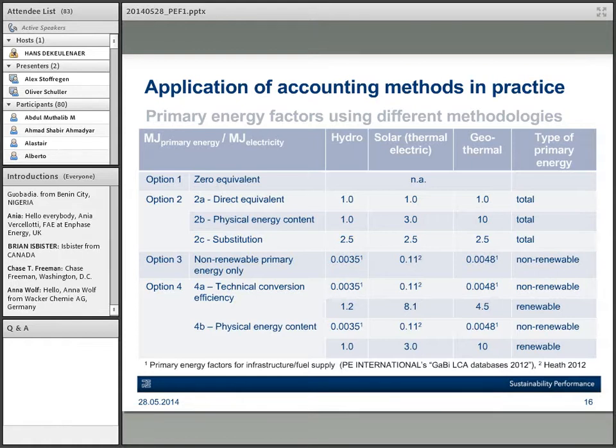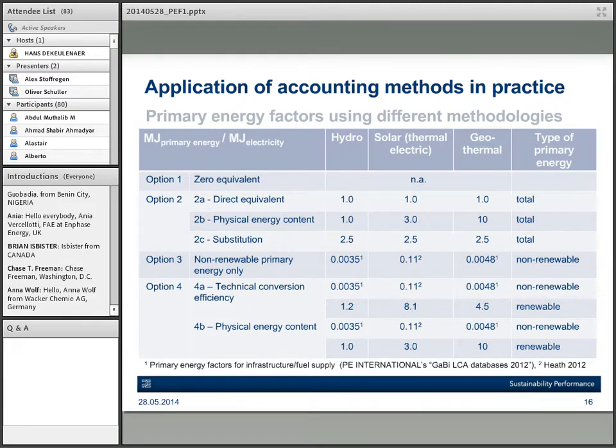But on the next slide you will see that when I go to country-specific grid mixes and then primary energy factors for a country, it's not so easy anymore to understand why these numbers are like they are.